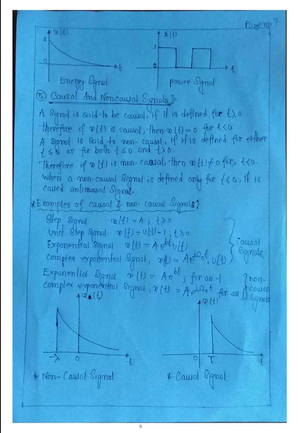On the other hand, non-causal signals exist for either time less than or equal to 0 or both positive and negative time. A special type of non-causal signal is called an anticausal signal, which is defined only for t less than 0.